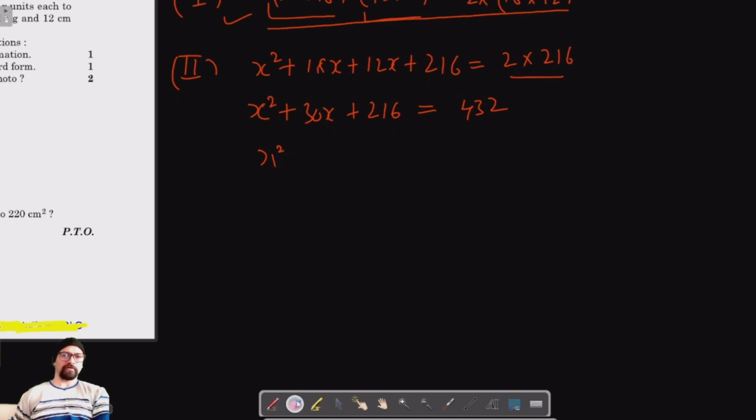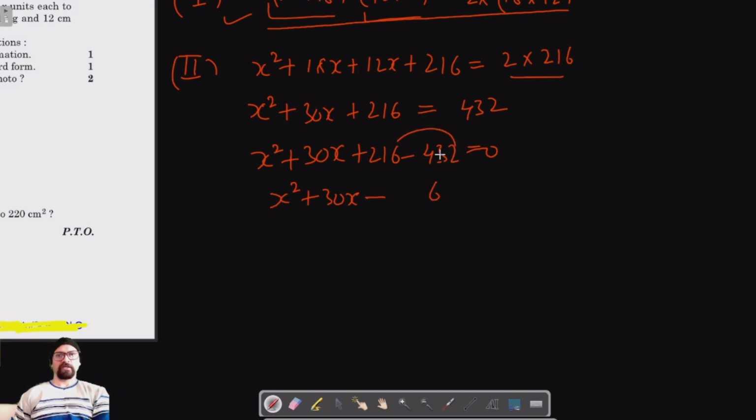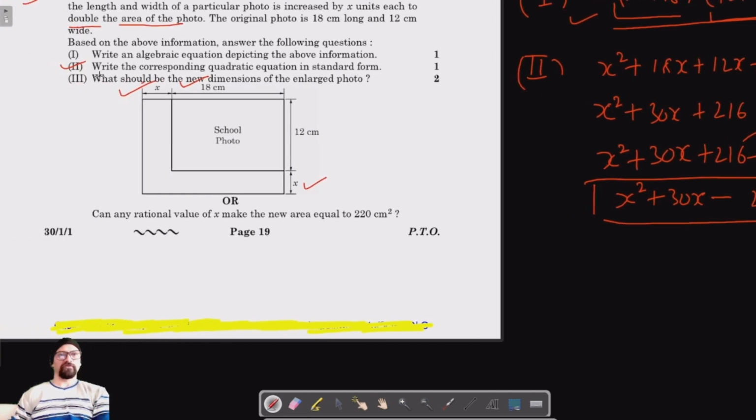This is x squared plus 30x plus 216 minus 432 is equal to 0, which gives us x squared plus 30x minus 216 is equal to 0, the quadratic equation.